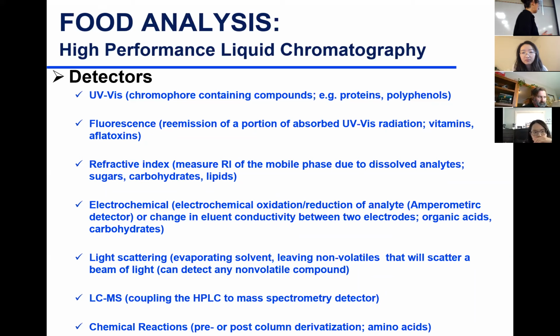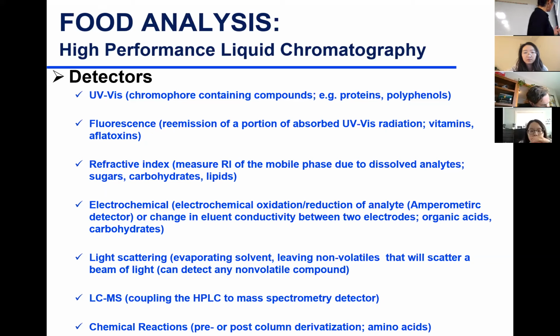So we need detectors. We have so many different detectors that we can use in HPLC. The most common detectors that you would see are UV detectors, UV visible detectors. These detect components based on chromophores. Chromophores means they absorb light, whether in the visible light or in UV light.